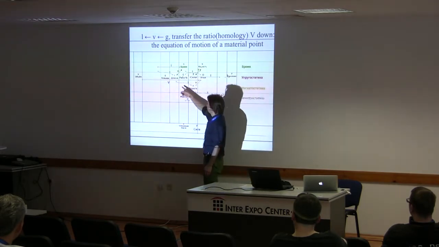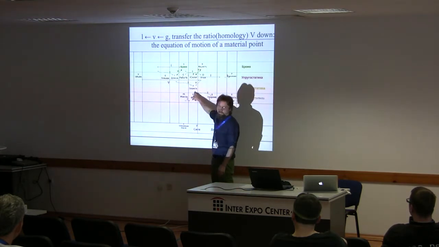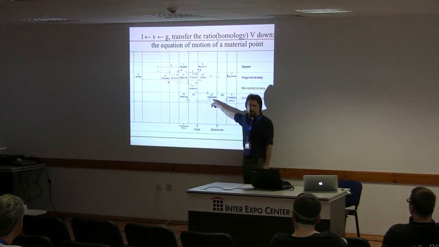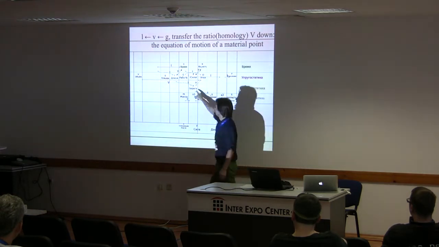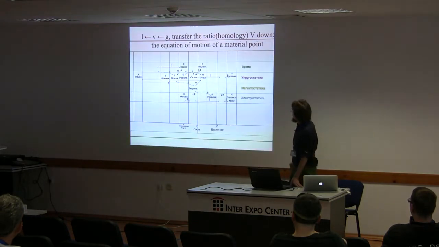I mean, you have coordinates. If you multiply speed by time, you will get coordinates again. If you multiply acceleration by time squared, you will have the full equation for the motion of a point.